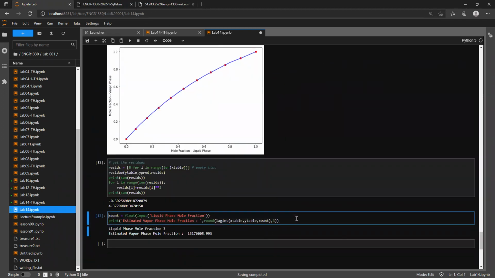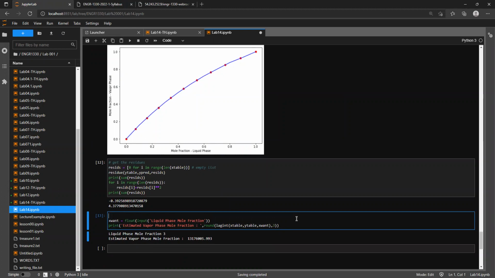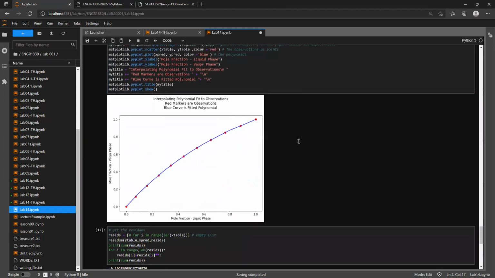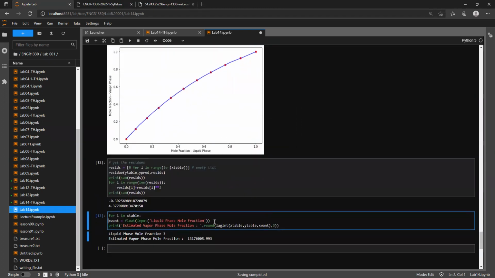So I'm going to say for i in x table, at least I think that's what it's called. Yep. We're going to say x table i.